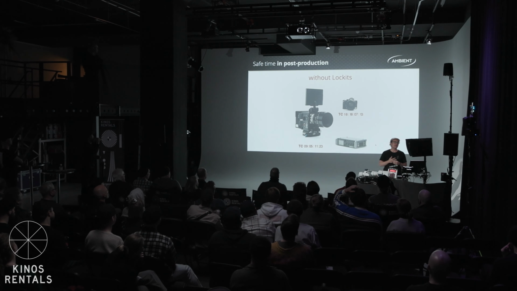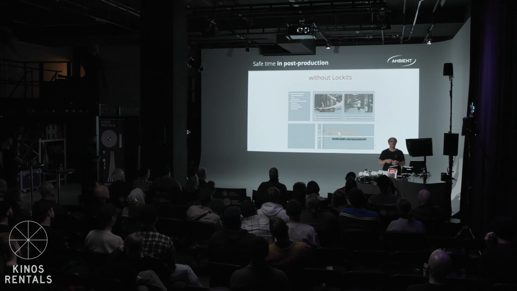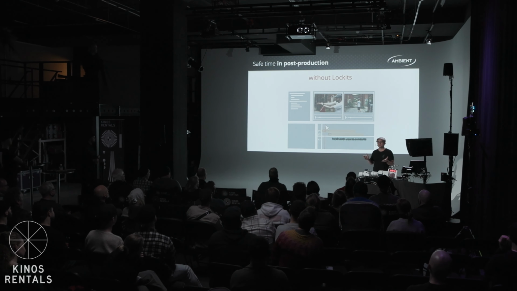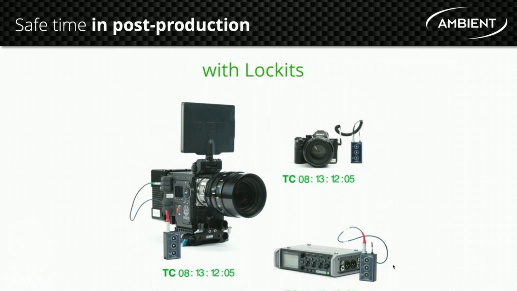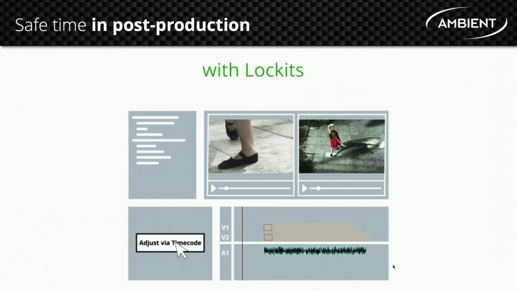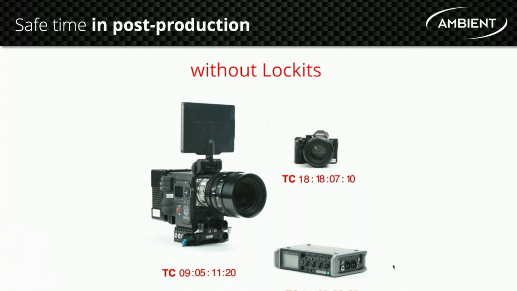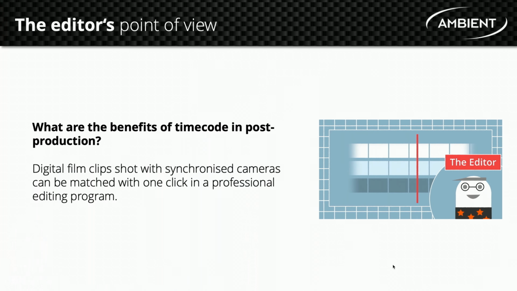So basically, without timecode on set, it's really a manual search for sync points. It's either a slate or some audio peaks or stuff like that. So it's a lot easier if you take care of that already on set. Actually, what you do with these timecode generators is that you on set are already preparing the post-production and saving a lot of time there.